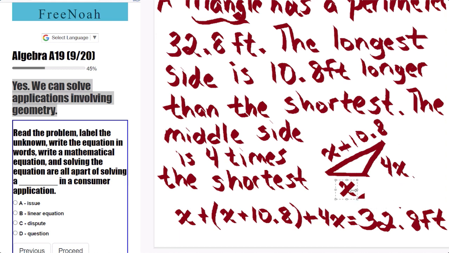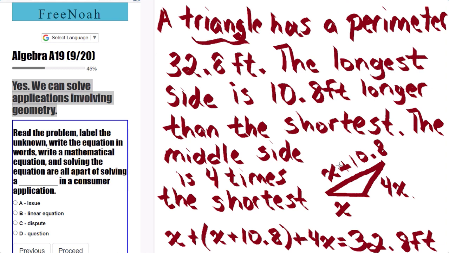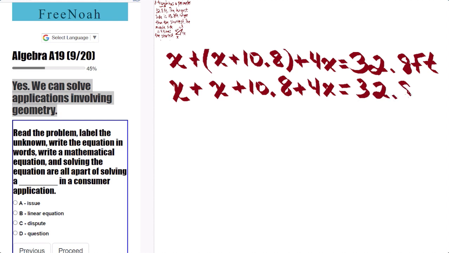Let's solve for x first, and then we'll be able to solve for the length of each side separately. On our next rewrite statement, we're going to clear the parentheses. We have x plus 10 and 8 tenths plus 4x equals 32 and 8 tenths.